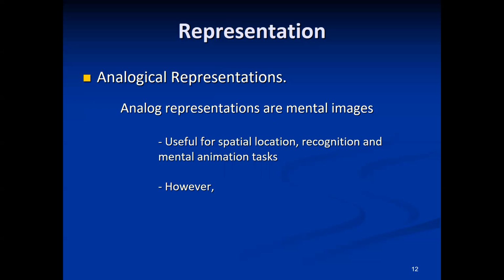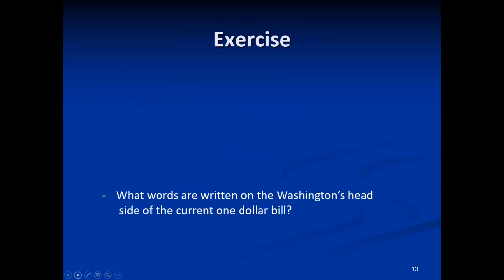However, despite being very useful, mental images are not perfect. For example, to answer the question, what words are written on the Washington's head side of the current dollar bill, you would need to conjure up an image of a dollar bill. Do this now and try and answer the question.